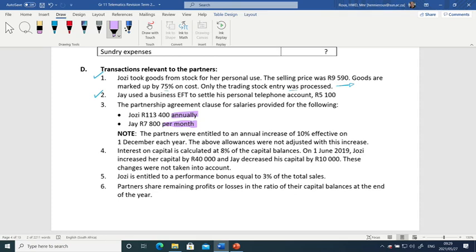But they say the partners were entitled to an annual increase of 10% effective on the 1st of December each year. So every year, 1st December, they get a 10% increase. But the above allowance were not adjusted with this increase. So this monthly 7,800 does not include the 10% increase. Also, the 113,400 not including the 10%. So we have to calculate.